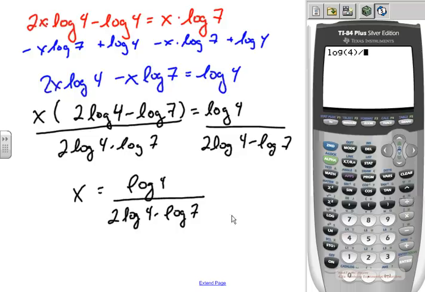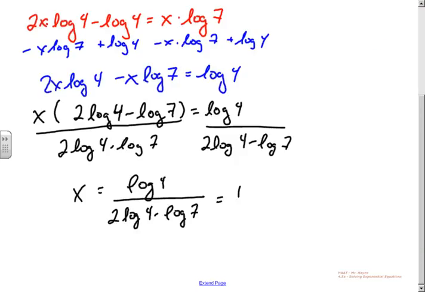But particularly since I've got this part with more than one term down here, you need to put parentheses around the whole thing so it does all of this math first. So 2 times log of 4 minus log of 7, and 2 sets of parentheses to close it, and then I get an approximate answer of 1.6769, and again, that's an approximate answer.